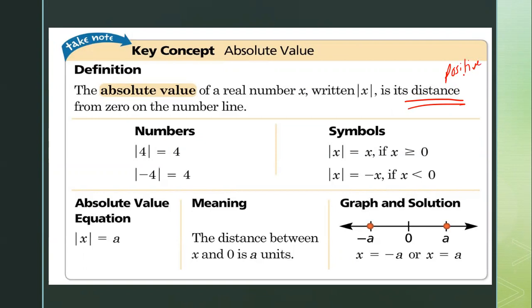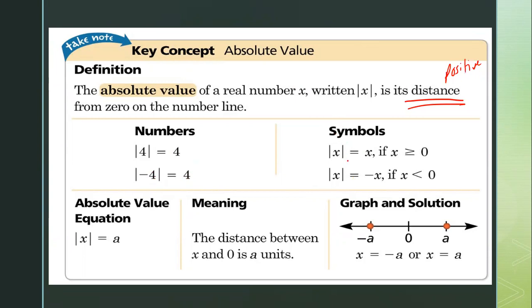So for example, if I ask for the absolute value of 4, I'm asking how far is 4 from 0? And we would put 4. If I'm asking for the absolute value of -4, I'm asking how far is -4 from 0? And it's 4 units, okay? Just because you're walking backwards doesn't mean you're a negative distance. It means you're just a fool walking backwards, okay?